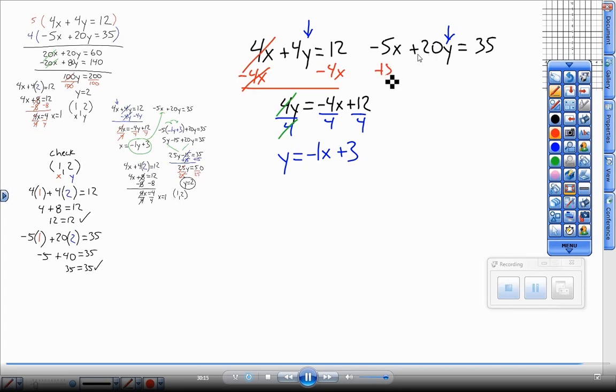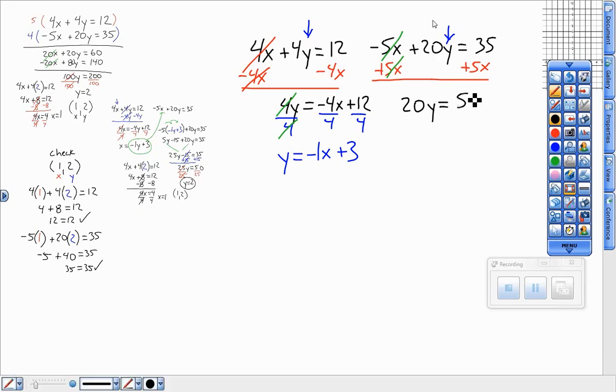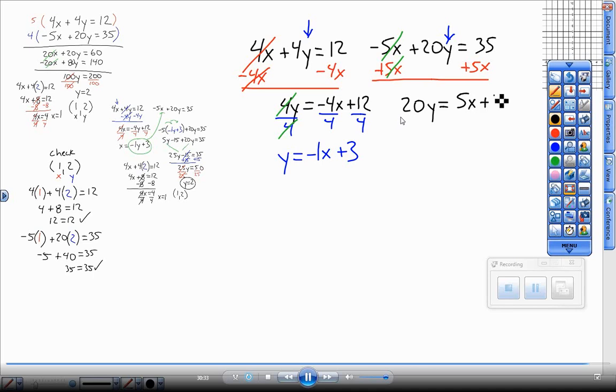Solving this one for y, adding 5x. Cancels away and leaves me 20y equal to 5x plus 35. Divide everything by 20. Going to be a little bit messy, but I guarantee your graph's going to intersect at 1, 2.